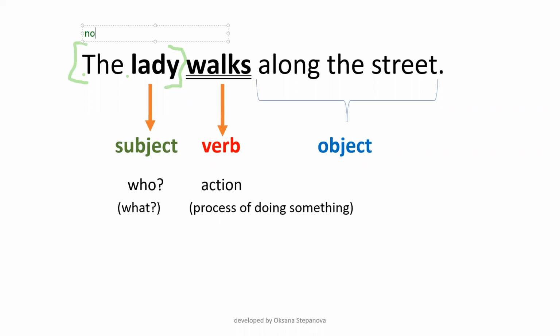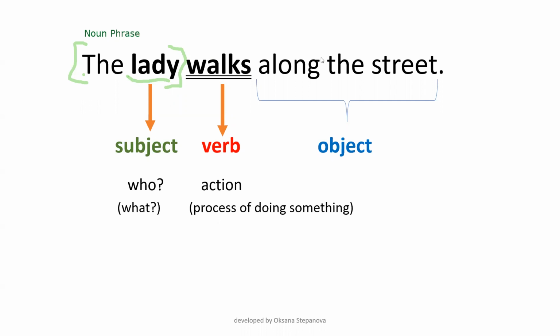Noun phrase. There is the article, and lady is a noun. Of course, the main noun is here, lady, because it contains the meaning. The main performer is here. Altogether, grammatically, we call it a noun phrase, and we started from that.